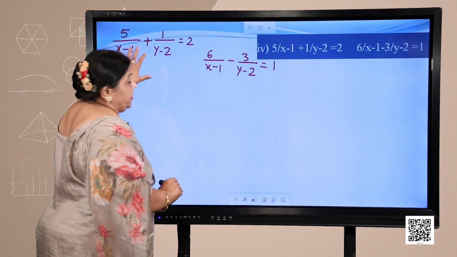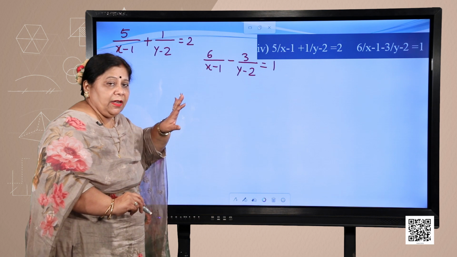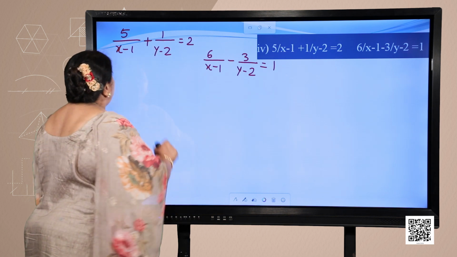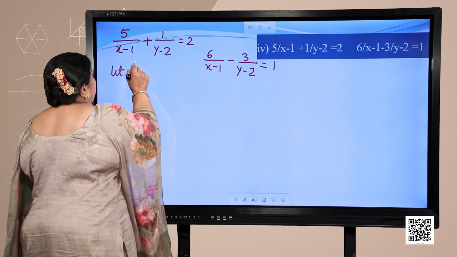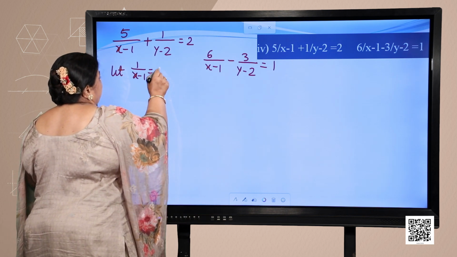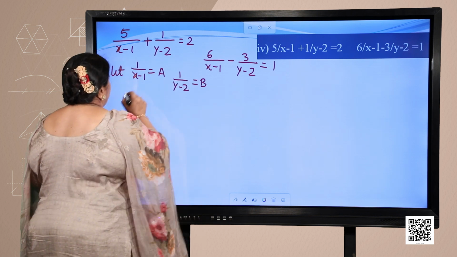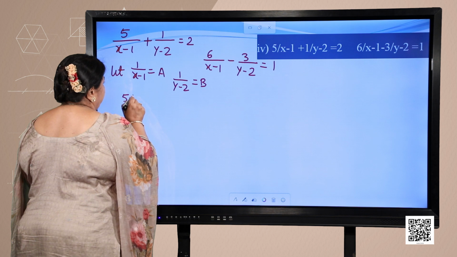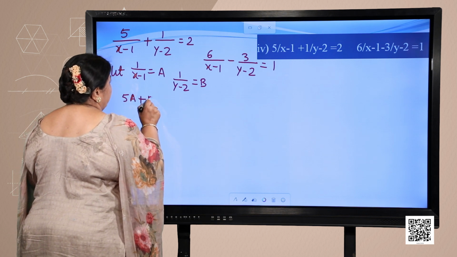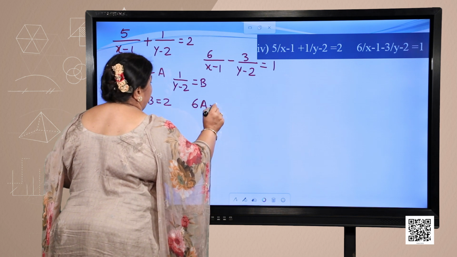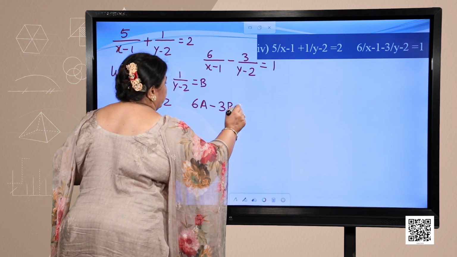Here can you see, if I take 1 upon x minus 1 as a and 1 upon y minus 2 as b, these two equations will reduce to 5a plus b is equal to 2 and 6a minus 3b is equal to 1.